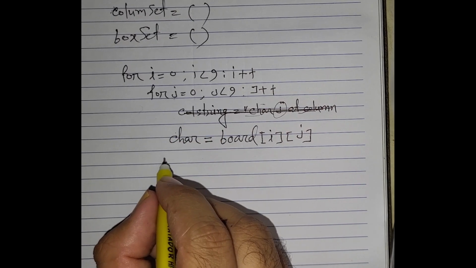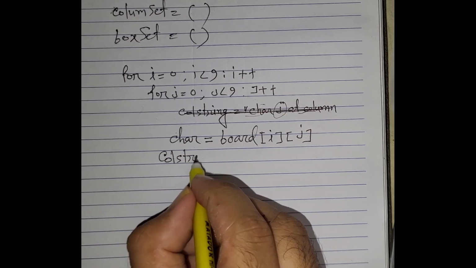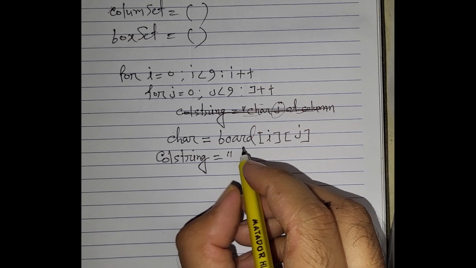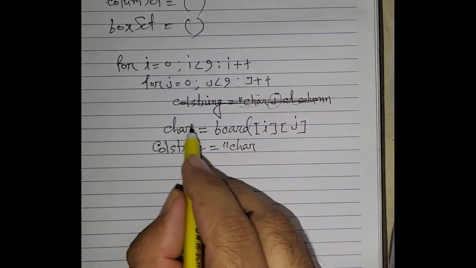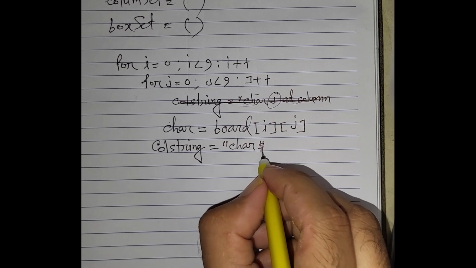Okay, now let us do what I have just done earlier. For column, I will take a variable, call it column string, and I will make a string. I'll say character is this character. To represent that, I will use a dollar sign.